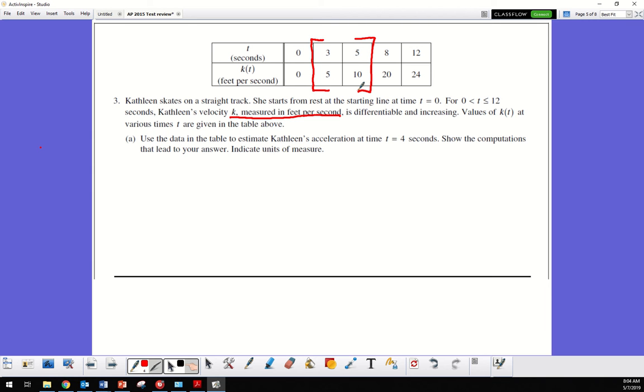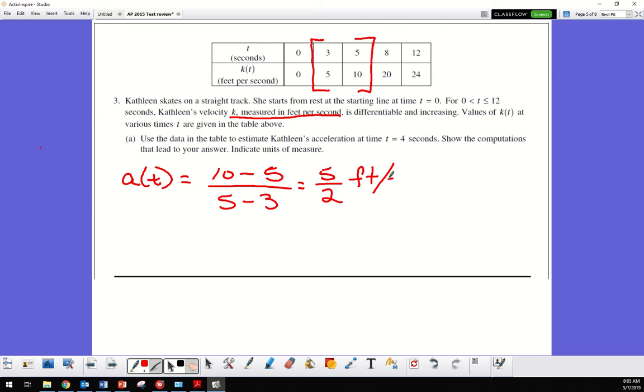Okay, so a of t, which is my acceleration, is equal to 10 minus 5 over 5 minus 3, which is going to give me positive 5 halves, and feet per second squared, because the acceleration is always per second per second.